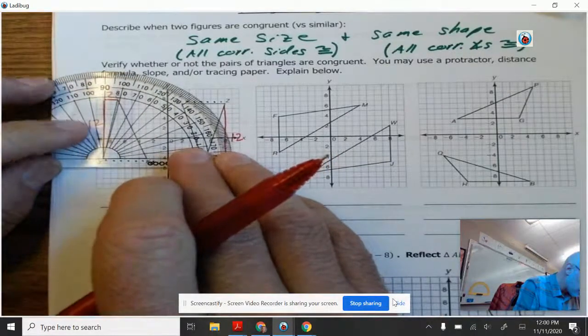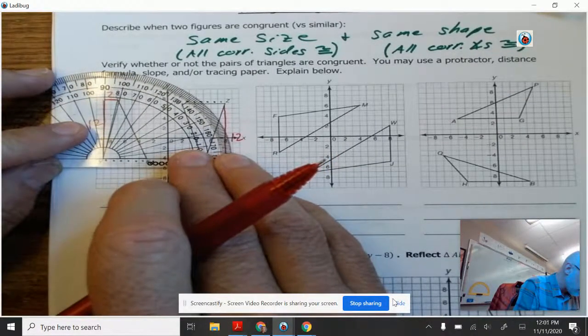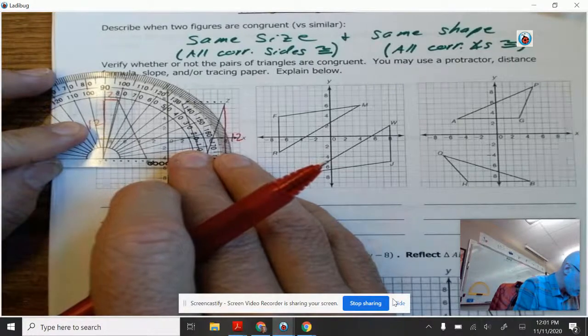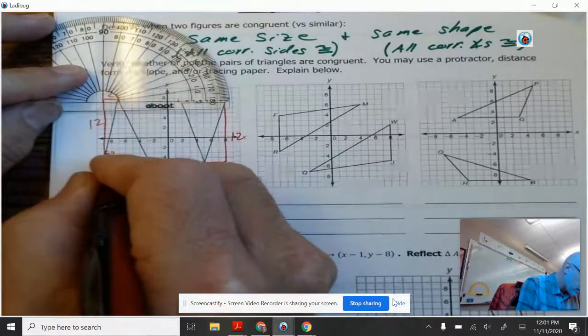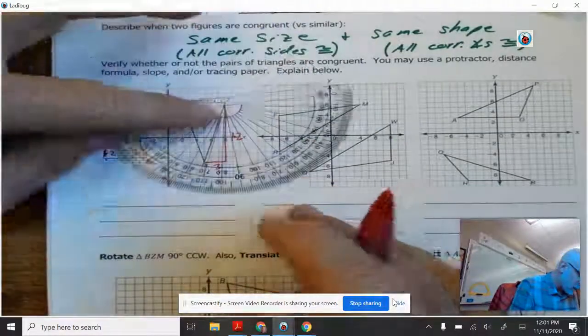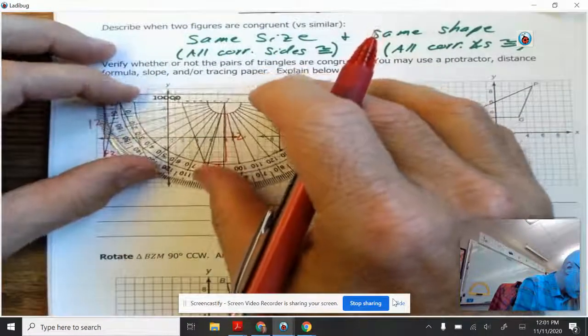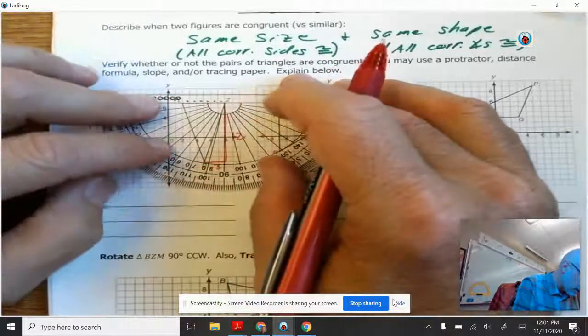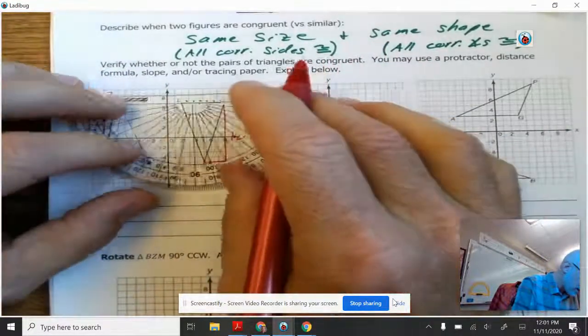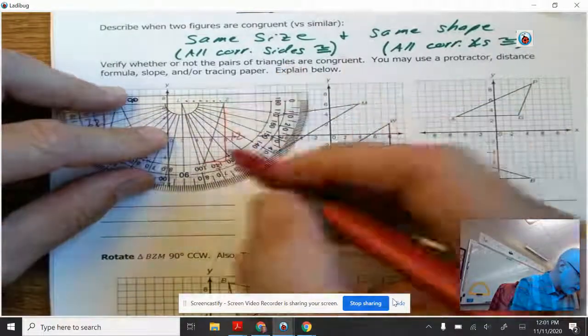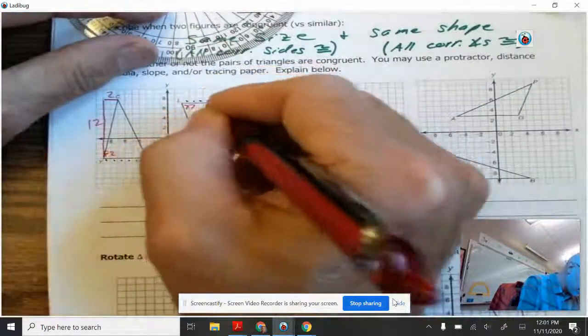I see that this angle measure down here is about 81 or 82. And if I check the angles over here on this side, they are below 80. You can see that they're about 77. And I think this one over here, this one's isosceles, it's about 77.